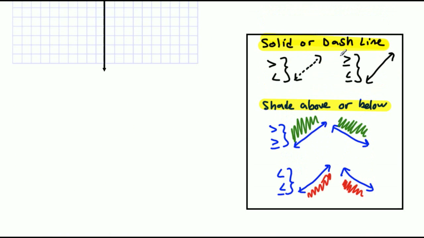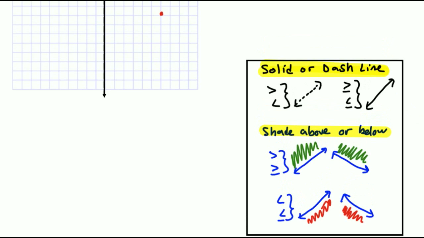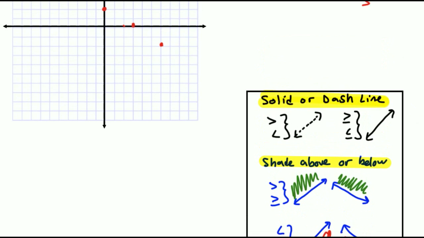If it has a greater than or equal to or less than or equal to, so basically if it has the equal to, then it's going to be a solid line. If it's just greater than or less than without the equal to symbol, then it's going to be a dashed line.